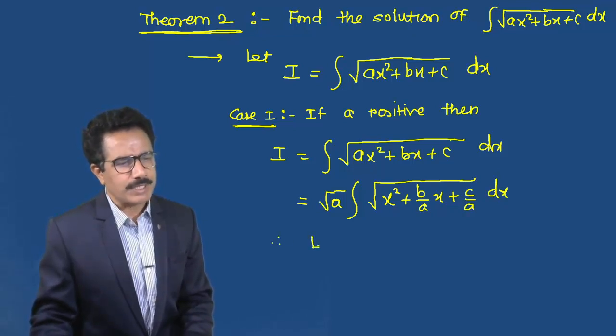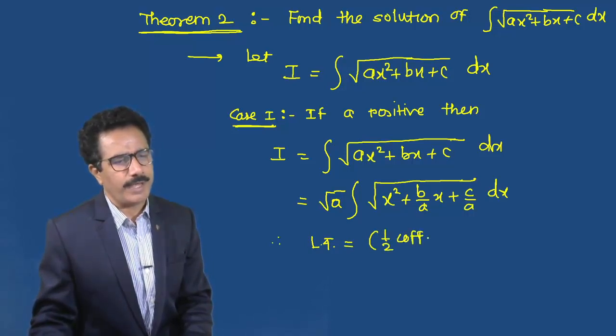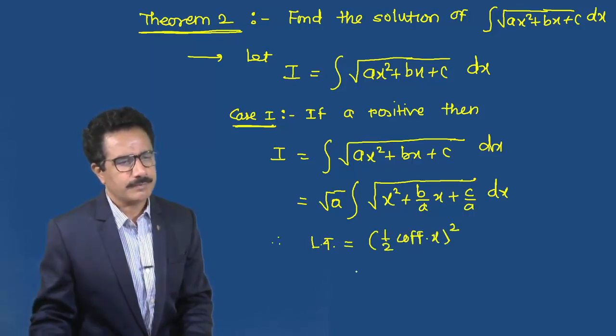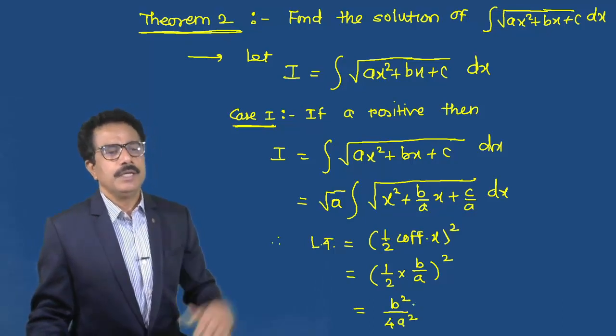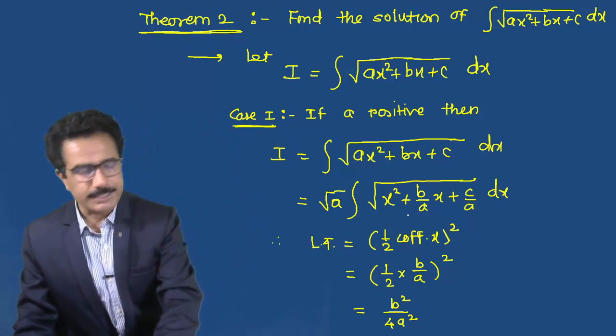So the last term is 1 by 2 into the coefficient of x, squared. So 1 by 2 into b by a, squared, which can be written as b square divided by 4a square. So we can add and subtract this term.